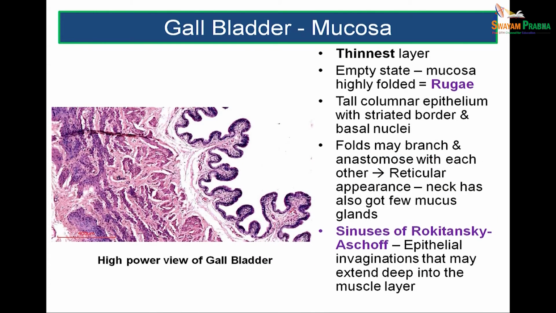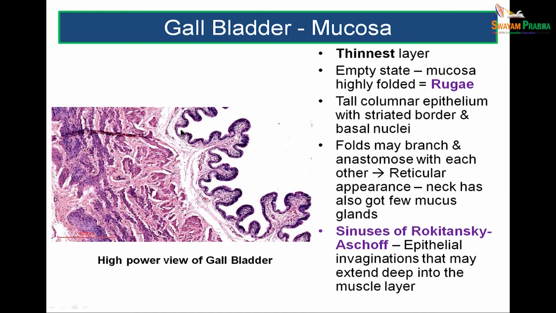Let's take a higher power view of the gallbladder at the mucosa. The mucosa is very thin. It is the thinnest of all the layers. You see it extends till here, and then you have the muscularis from here onwards. The mucosa is highly folded into folds called rugae, especially when the gallbladder is in an empty state.